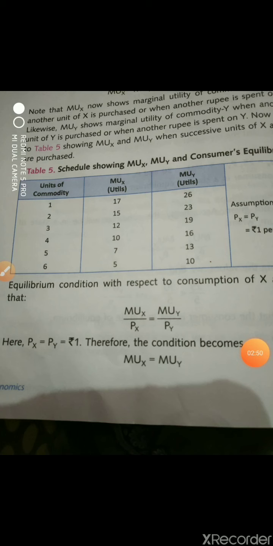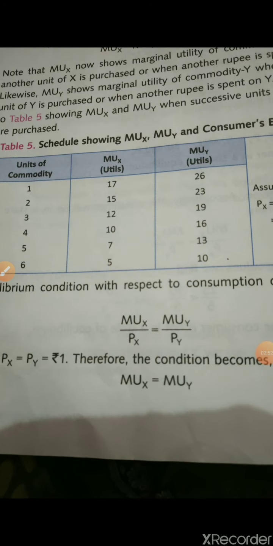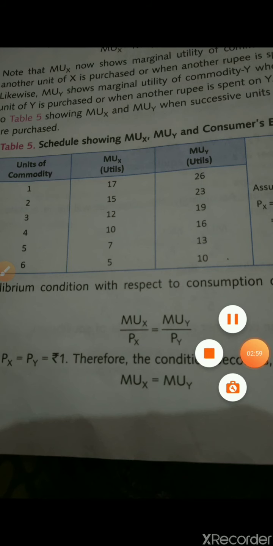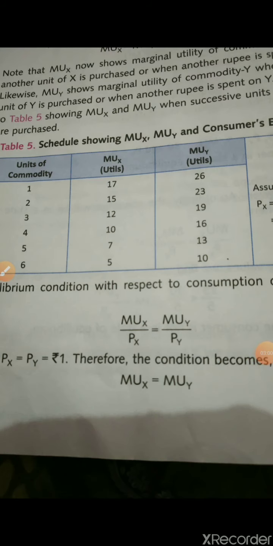Now let us clear it with this schedule. In the schedule it is given that the consumer is having these units of commodities.